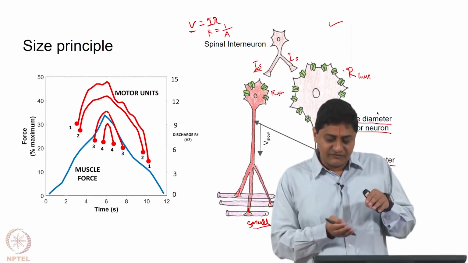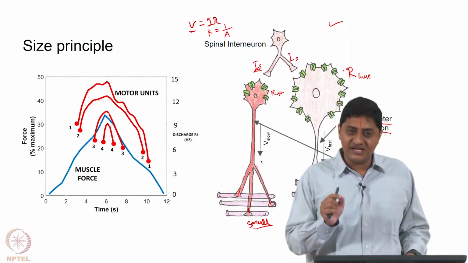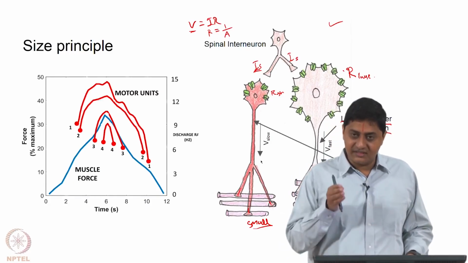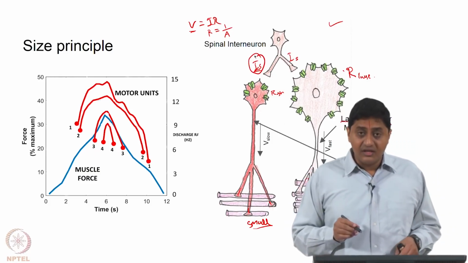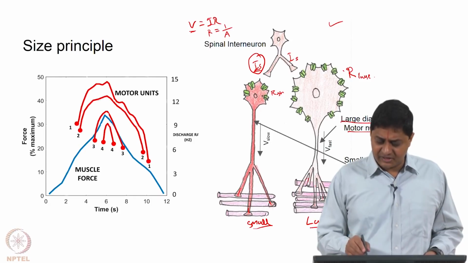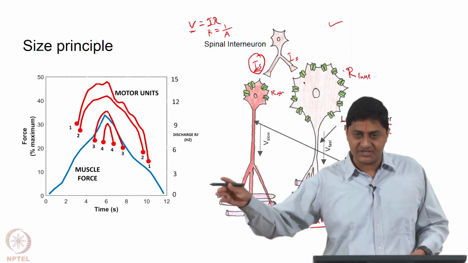That means this motor neuron is going to produce a smaller amount of force. A given synaptic current, as a function of its magnitude, may recruit this and some more motor neurons, but not the larger ones, and so on.